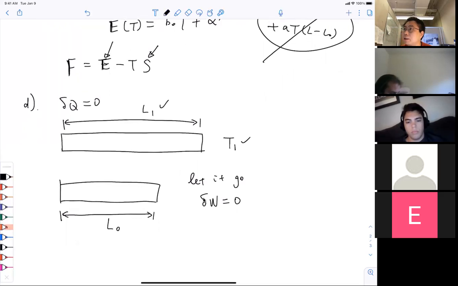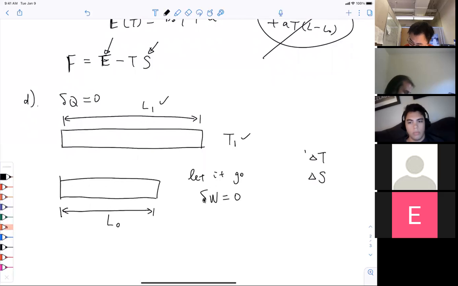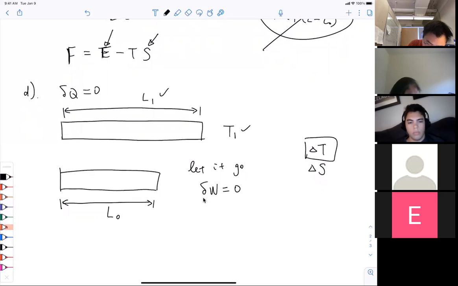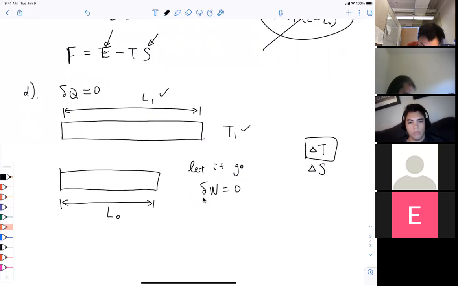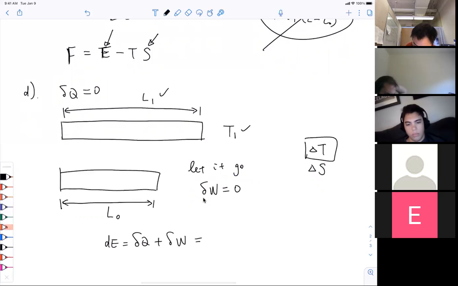Now you need to calculate the temperature difference between the final state and the initial state, and the change in entropy. So what you need to calculate is delta T and delta S. To calculate delta T, from this one and this one, and also the energy conservation, we know the internal energy is a constant during this process.